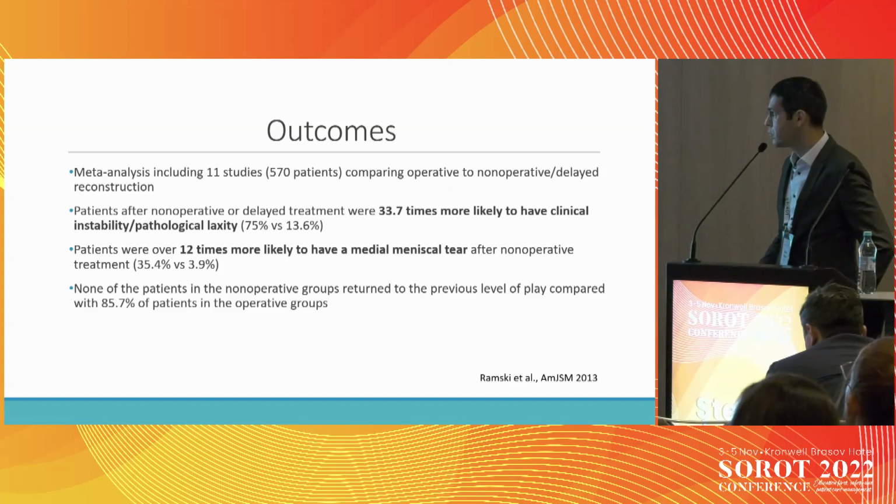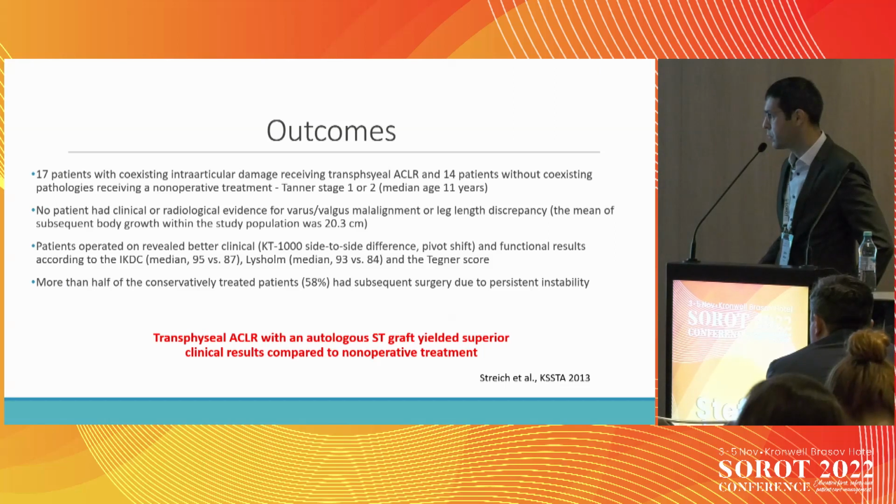Patients were 12 times more likely to have a medial meniscus tear after non-operative treatment, and none of the patients in the non-operative group were able to return to the previous level of play, as compared to 85% of patients in the operative group. So that's a good surgical procedure.